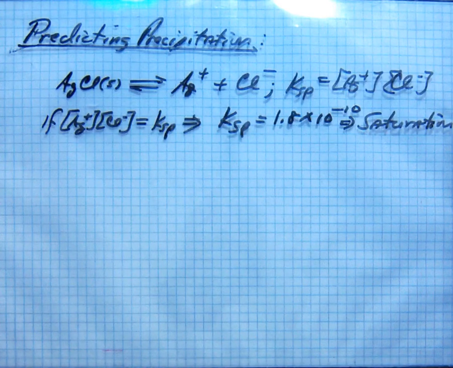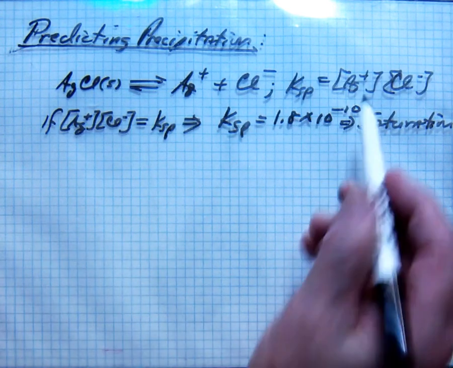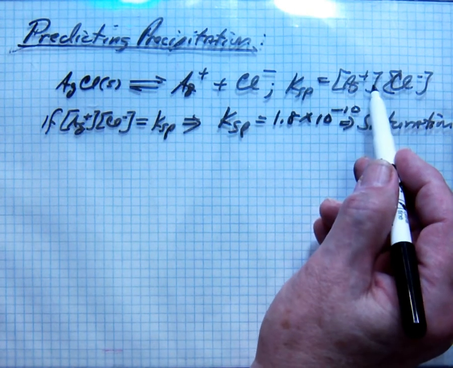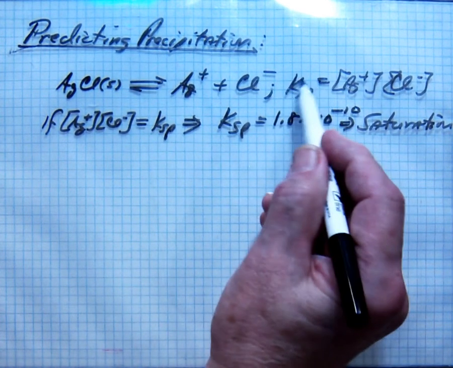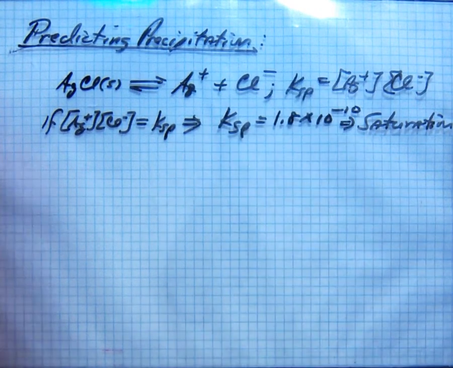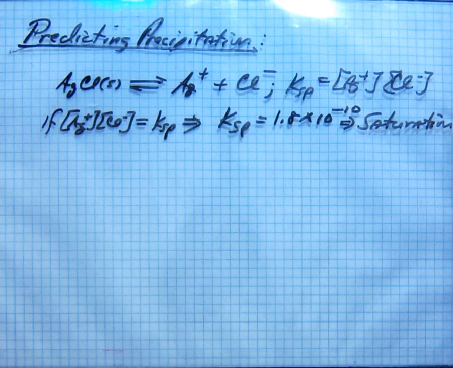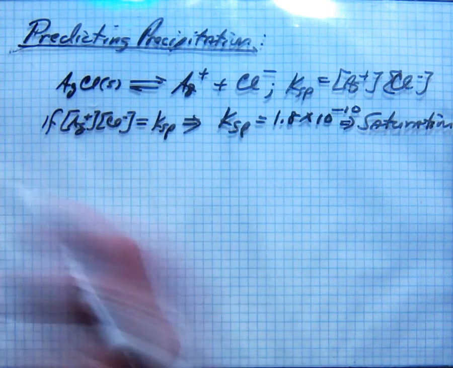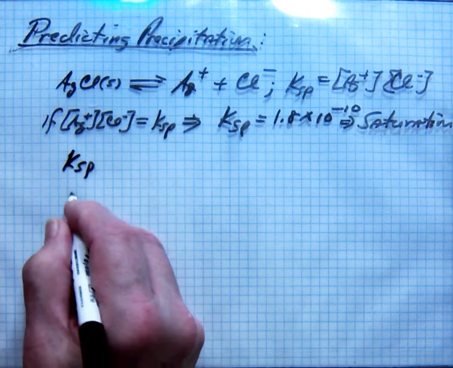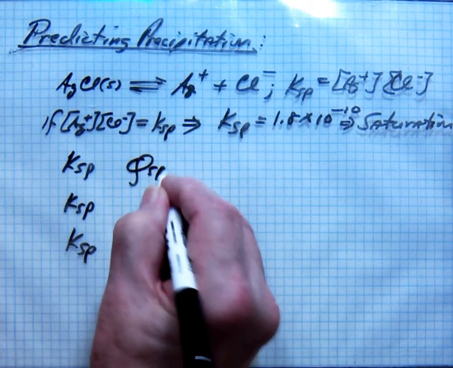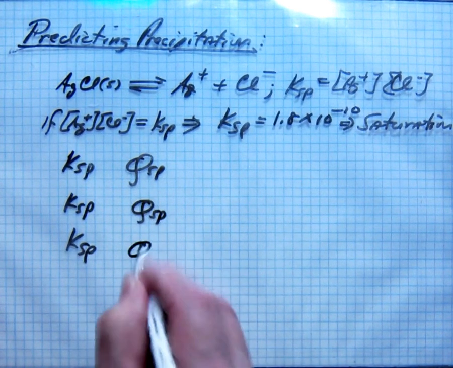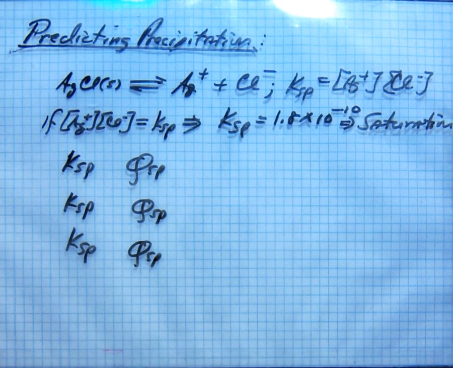But what happens if the multiple here, the KSP, is less than the number we have here? This is where we go into Q values again. And we'll tell you that the reaction will shift toward the solid side. And if you'll do this, KSP like this, and then QSP, we'll do the same thing we did before. But be careful here.